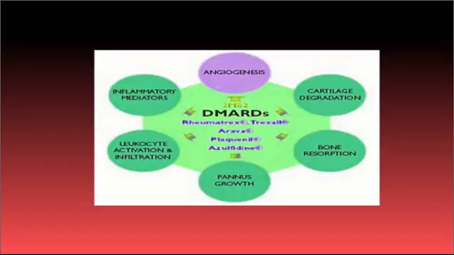Looks like the majority of them end in MAB, M-A-B, or CEPT. I would remember those as DMARDs affecting your immune system. Most of these are category B in pregnancy. There's a couple that are category C, but nothing's a D or an X.